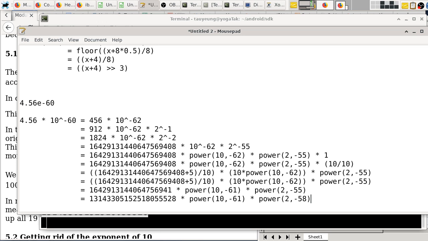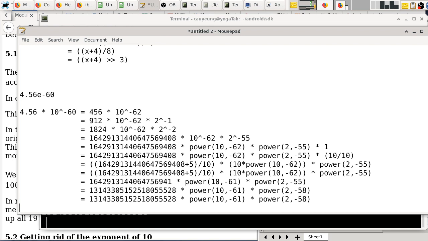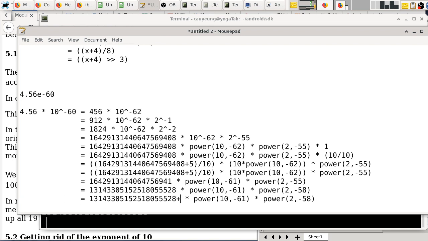We only have about 5 minutes left, which is not really a whole lot of time to start a new topic, so I might as well use this opportunity to show you the next step here. So we just copy and paste. Then what we want to do is a +5 and then the whole thing divided by 10.